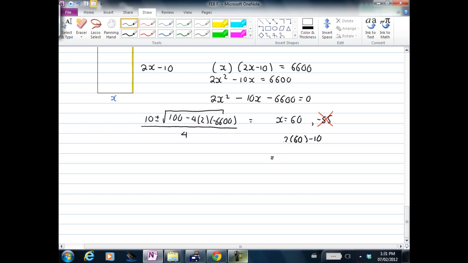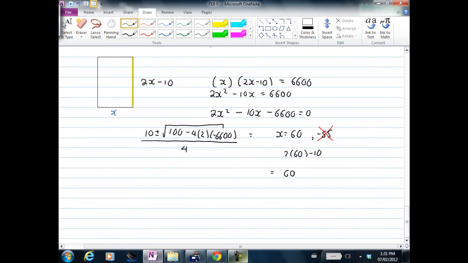So my 2 dimensions are 60 and 110. 60 meters by 110 meters. One more question and then you're on your own.